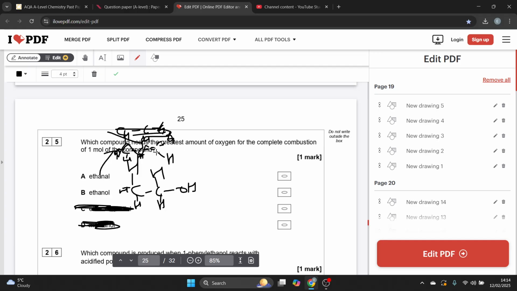Or is it going to be that? It's going to be B. That's going to need the greatest amount of oxygen for the complete combustion.